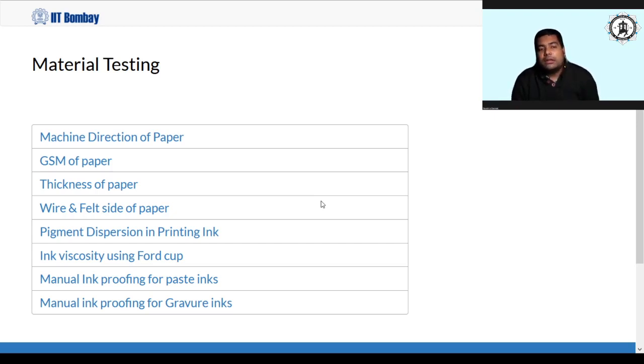Now today's topic is determination of how well the pigment has dispersed. In the first few classes of PMS 1, I had talked about how your printing ink, especially paste ink, is a colloidal solution.